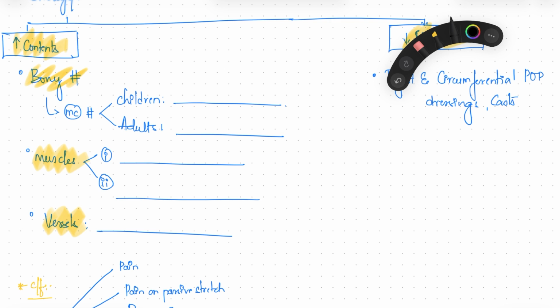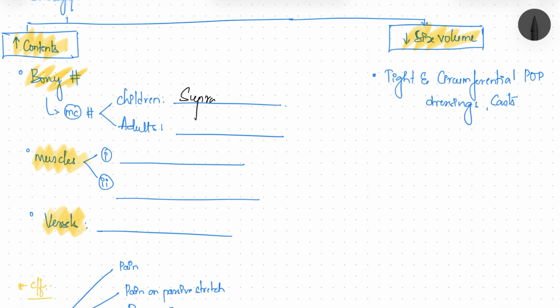In children, the most common bony fracture you are going to see is the supracondylar fracture, right? Then in adults, we are going to see proximal tibial fracture.